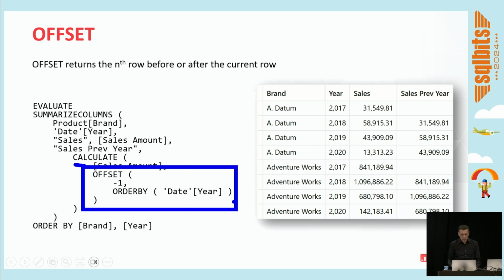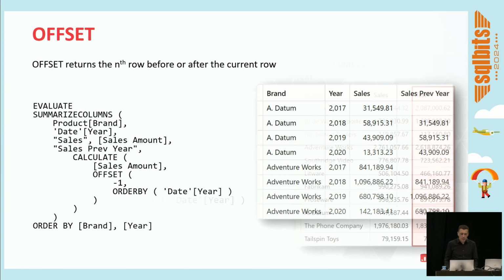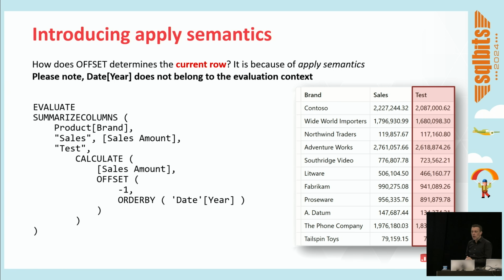Well, unfortunately, in order to explain what this current row is or could be, we have to introduce the apply semantics. And the reason is that while in the previous example, I could have said, well, the current row context in ADDCOLUMNS is the current row, this is not valid for the example that you see here.